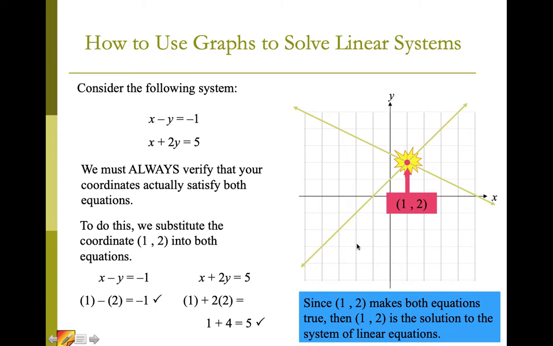Because 1 is the x coordinate, 1 will go where x is in both of them, and 2 will go where y is in both of them. So 1 minus 2 is -1. That checks off. Now put my 1 for x, my 2 for y: 1 plus 2 times 2 is 4. So 1 plus 4 is 5. That makes that true. So, boom, there it is.